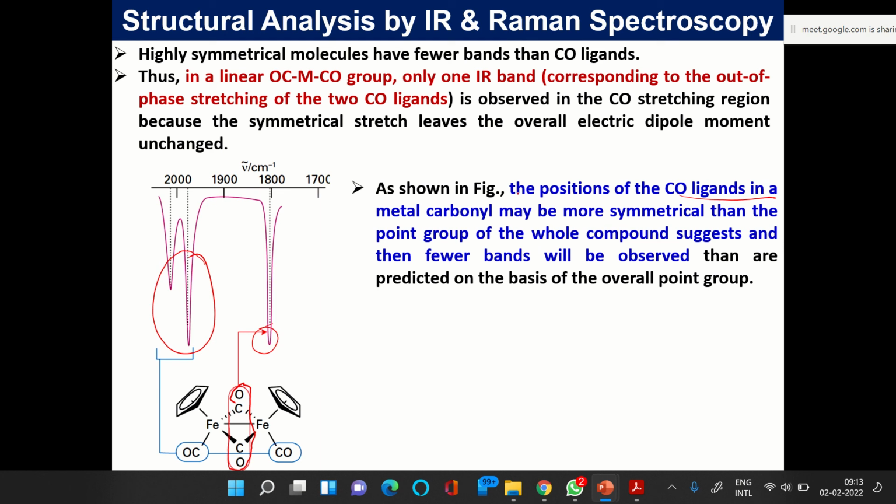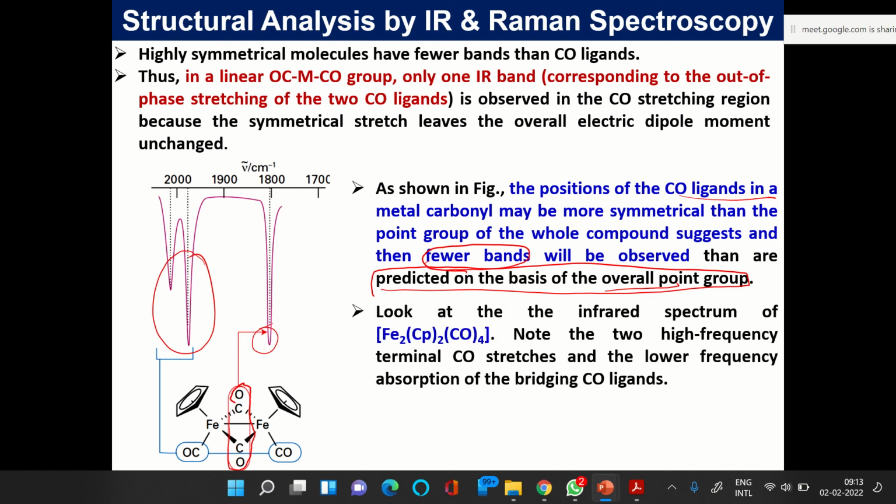But we analyze the local symmetry, looking at the positions of the CO bands, and we find that two CO carbonyls are collinear. So we are likely to observe fewer bands than what we predicted on the basis of the overall point group.